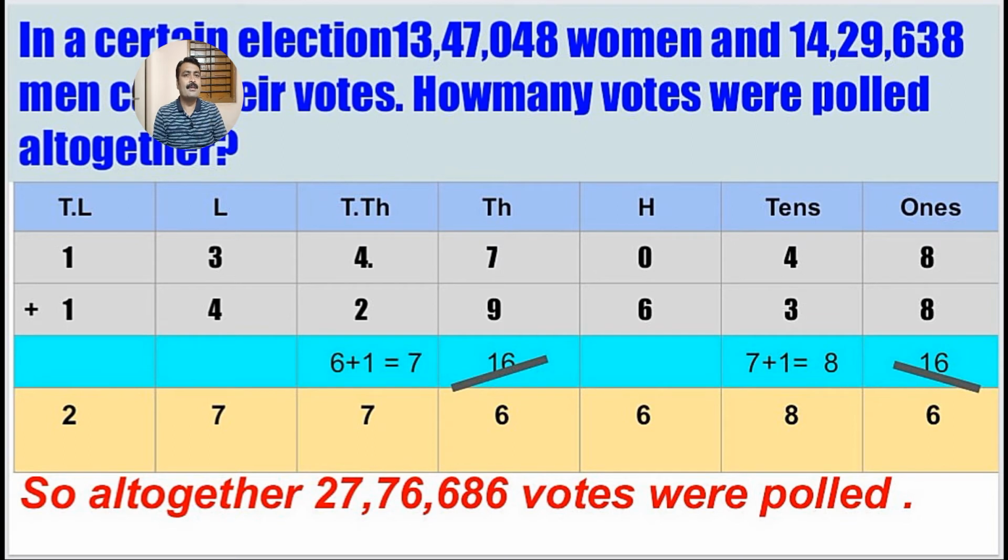So here I am taking that sentence orally. 27,76,686 votes were polled all together, or you can complete your answer in this way also. So here I am writing under that box. So all together 27 lakh, that is 76,686 votes were polled. So this is your first word problem given in the problem set.